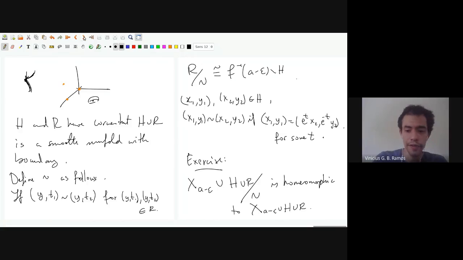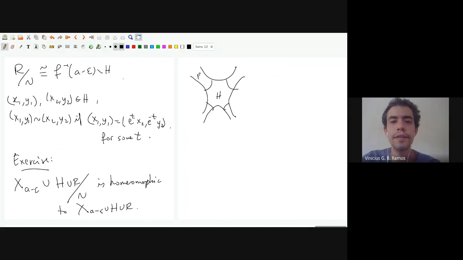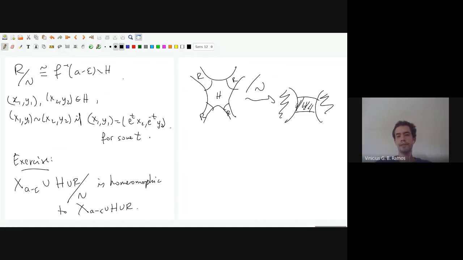Moreover, let me just draw the picture again. So here's H, and here's R. After this equivalence relation, what I actually get is something like this. So this guy, which is what I had before, and then I get the H that goes like this. This is the quotient. And the R disappeared because the R got squished to something that was already in X_(A minus epsilon).